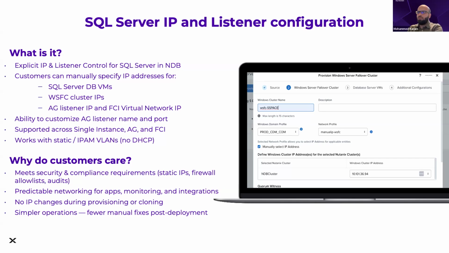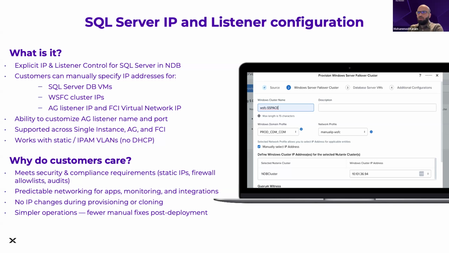First among which, for our SQL Server users, a couple of long-standing features that were very highly in demand were the ability to explicitly select IPs and listener controls for SQL Server components within NDB.